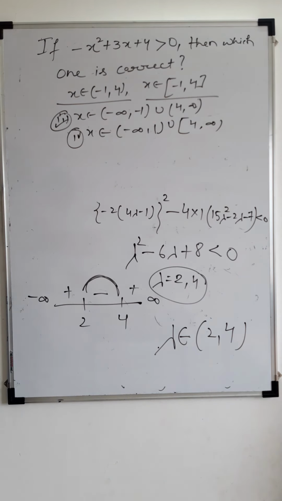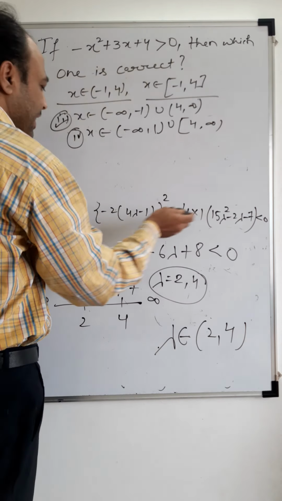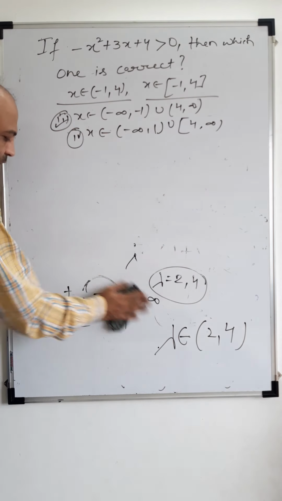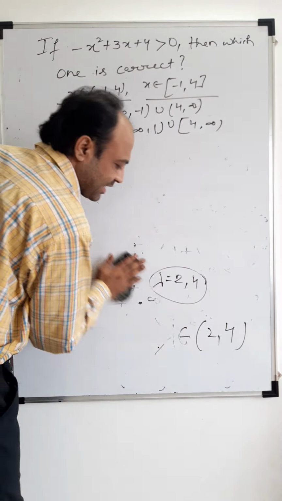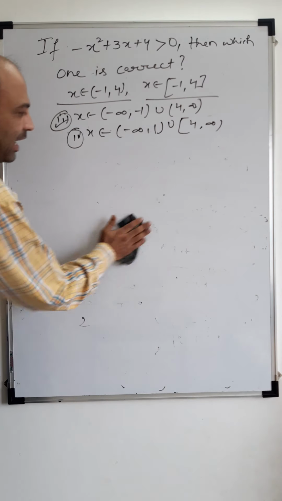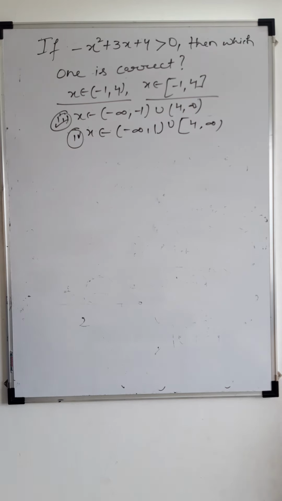So you have seen the expression minus x square plus 3x plus 4 greater than 0, correct? Now we have to tell which one is correct, means where exactly the value of x will lie, and this is a given quadratic expression.